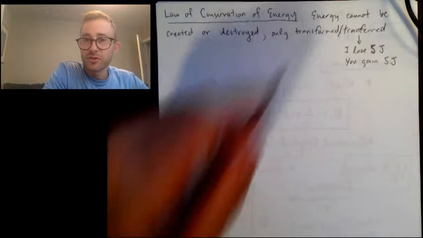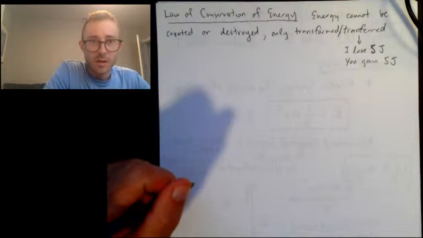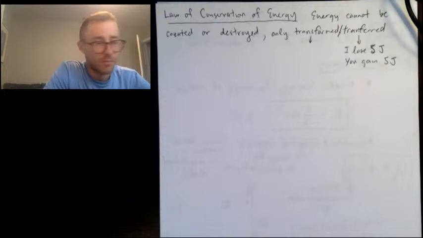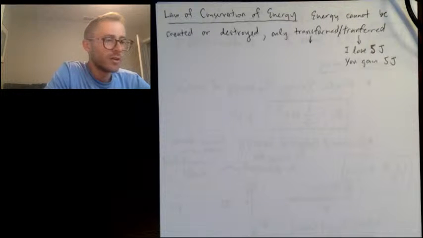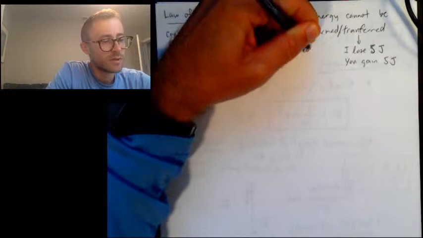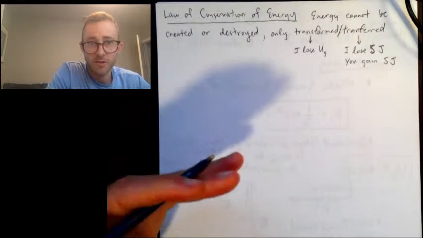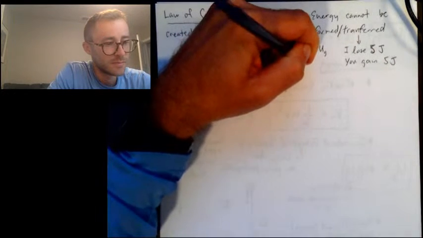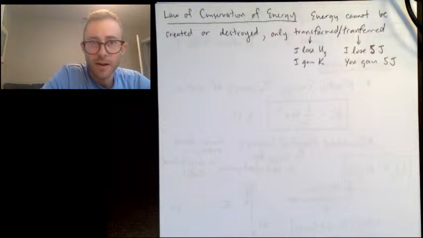When I say transformed, I mean that it can go from one type to another type. Okay. So I could say I lose gravitational potential energy. And if I lost gravitational potential energy, maybe I gain kinetic energy. All right.